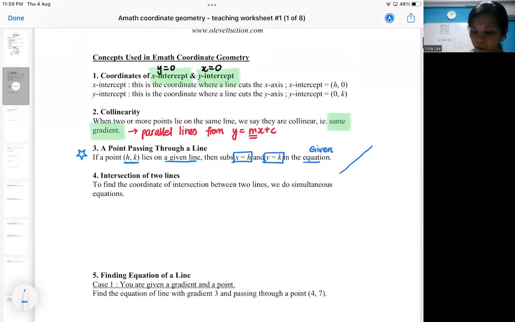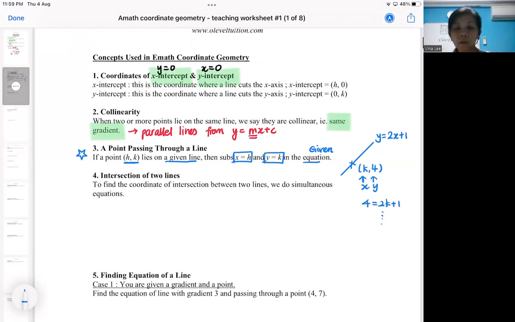Let's say I give you an equation like this, a simple one, and then a point like (k, 4). You can just substitute inside, and you will get something like 4 equals 2k plus 1. Whichever coordinate, as long as it is living on that line, you just substitute the x coordinate and the y coordinate.